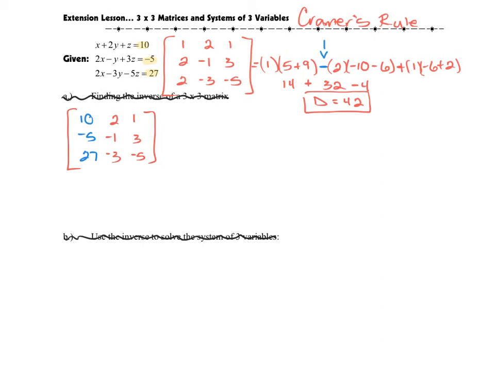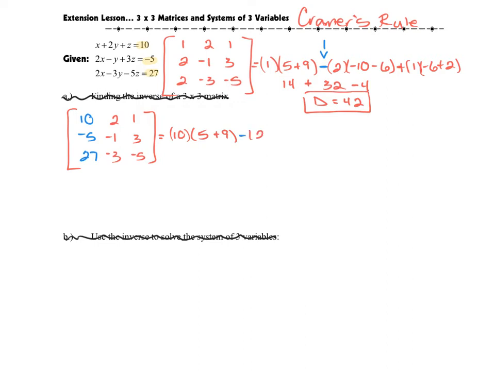And then what I'm going to do is find the determinant of this new square matrix, just repeating the process of what I did before. I'm going to have a 10. Remember, I'm then focusing on this little square matrix right here. So I'm going to have a 10, and I'm going to have my 5 plus my 9. Remember, this next one, we've got to be really careful. It's going to be a minus.